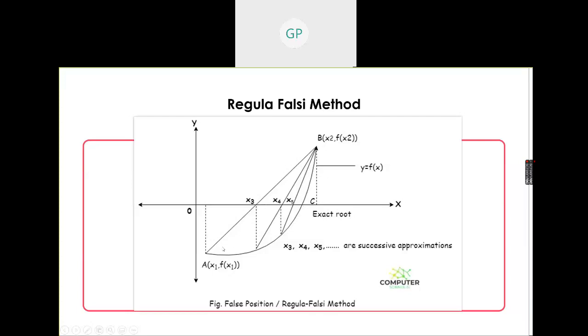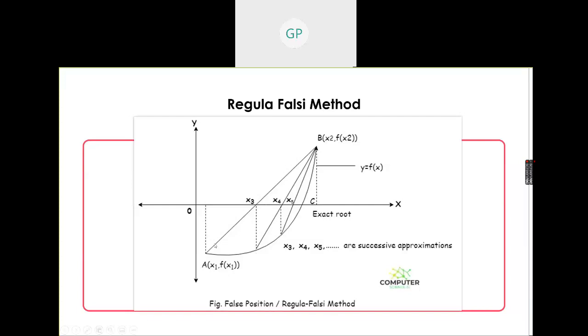So first the curve is approximated by this chord and the first approximation is x3. Then fx3 is negative. You can see x3 falls in the fourth quadrant and therefore fx3 is negative.